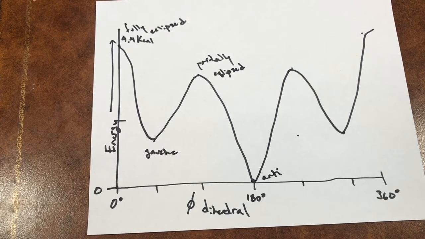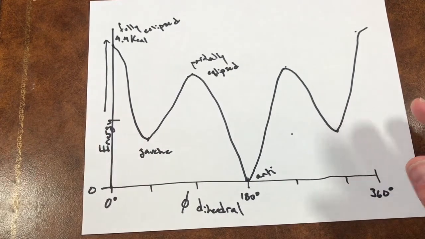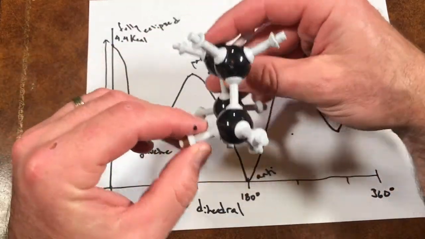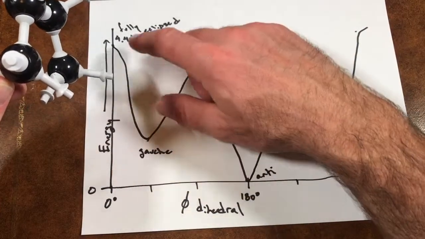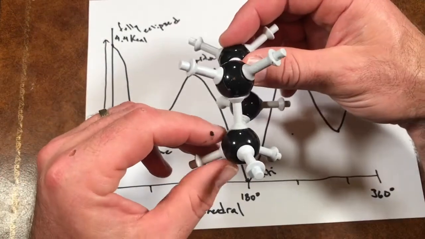What we're going to build towards is getting slightly more complex molecules. Obviously you can see what happens just with butane as we rotate around here, so it might be helpful to go through the full analysis. I'm sighting down C2, C3. There's my 4.4 kcal fully eclipsed conformer.